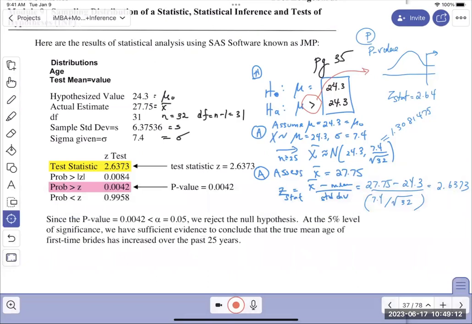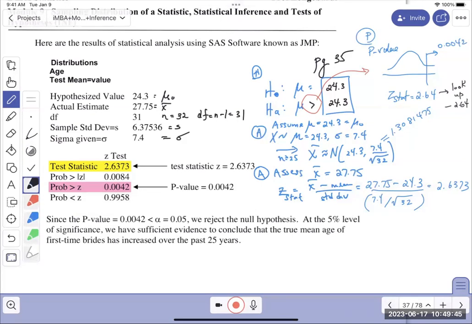It's going to be 0.0042, because you want to go on the left side on the tables. That will be your p-value, small.